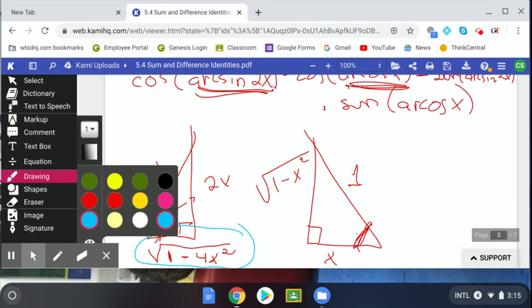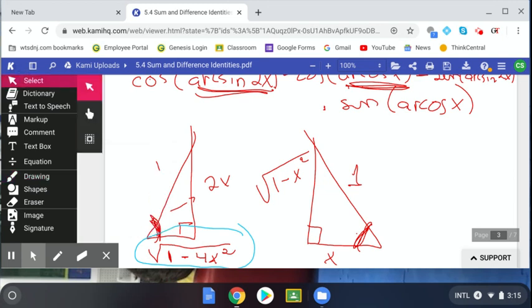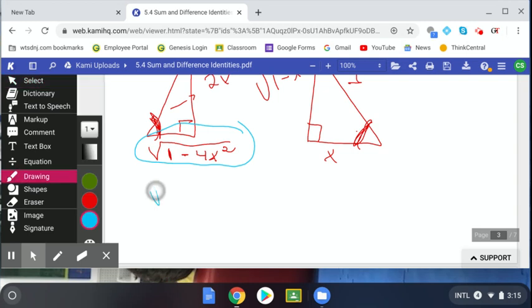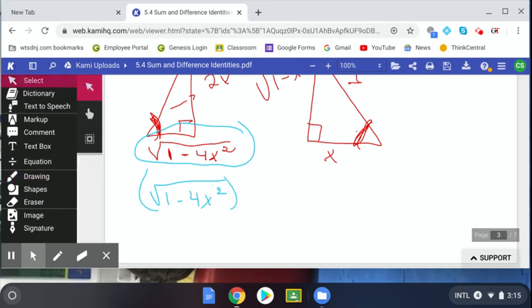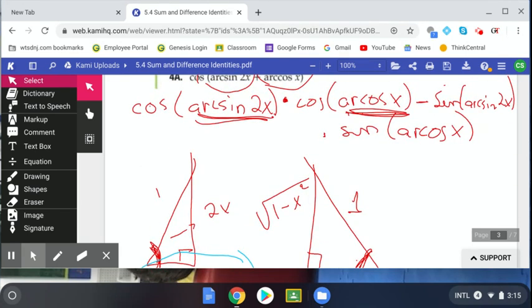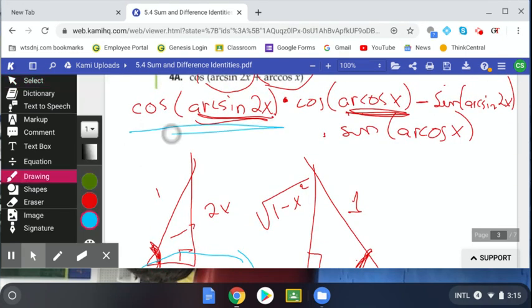So cosine of that would be square root of 1 minus 4x squared, times, I have to go back here. So cosine of that is this. Cosine of arc cosine x would be just x.